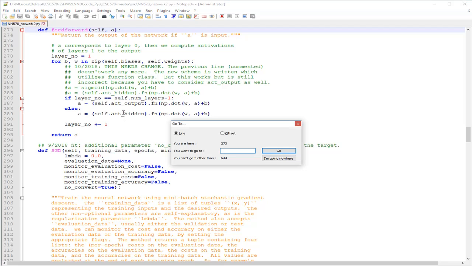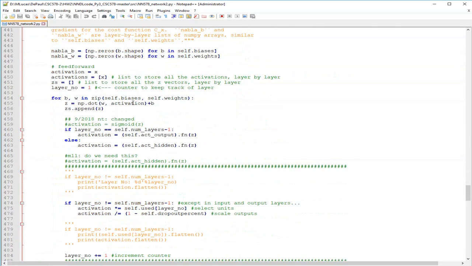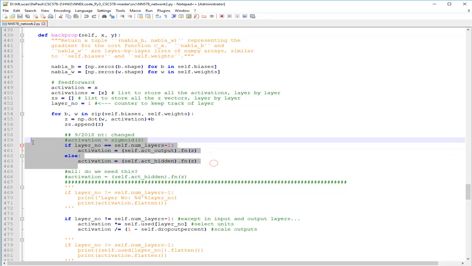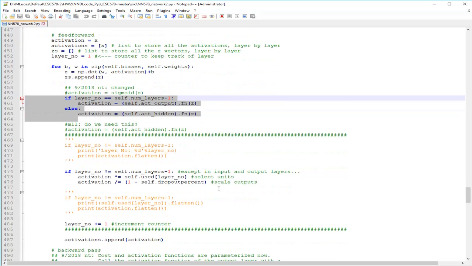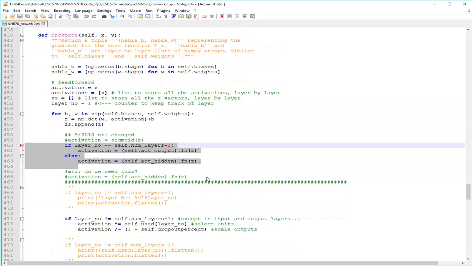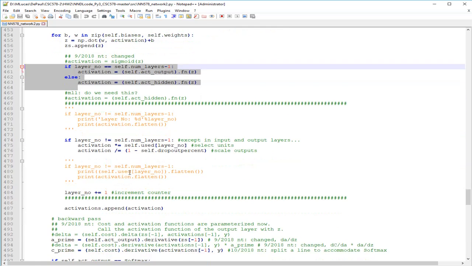We were also asked to modify the backprop function, and it was a similar situation. We're using input or output layer, but I also modified the backprop to include my dropout functionality.